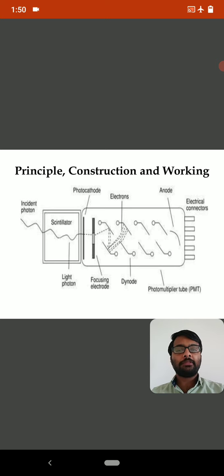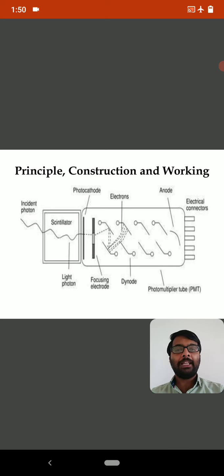So if one electron is made to be incident on that dynode, suppose that primary electron has sufficient energy to eject one more electron, which is called a secondary electron, from that first dynode. So in the first dynode we have two electrons, one is the primary electron and another one is the secondary electron, and those two electrons are made to be incident on the second dynode.